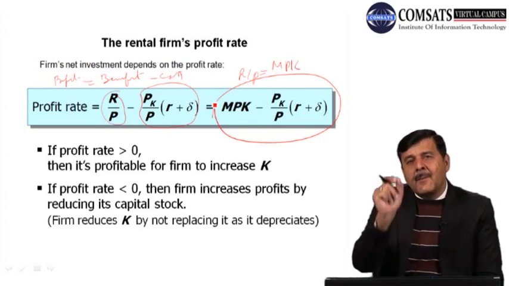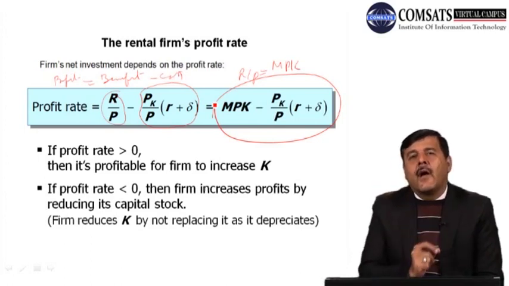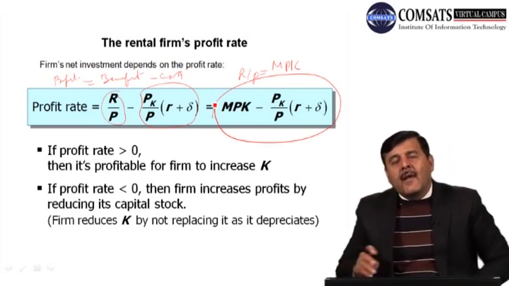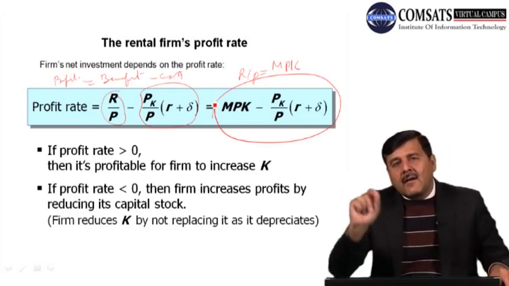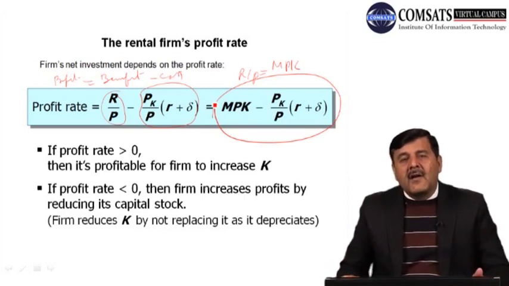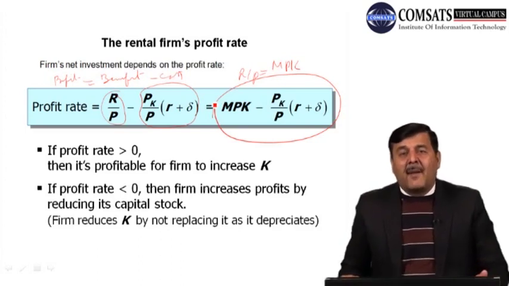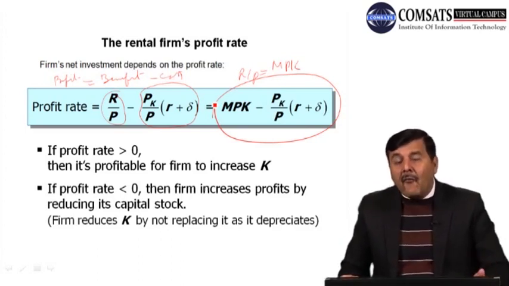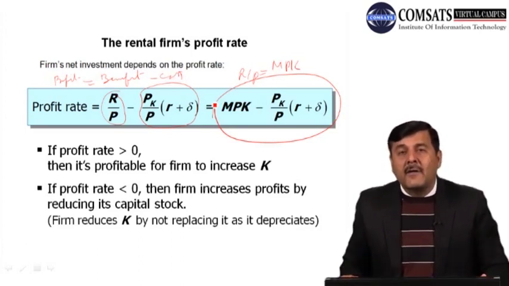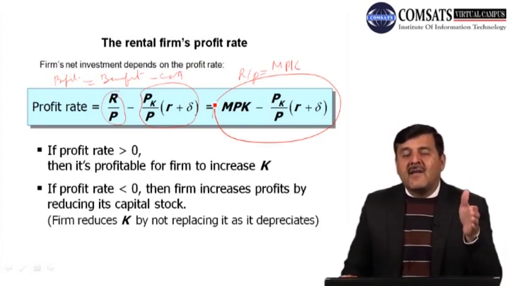If benefits are greater than cost, in other words, if marginal productivity is greater than the real cost of capital, then it is profitable for the firm to increase capital, to make investment in capital, right?